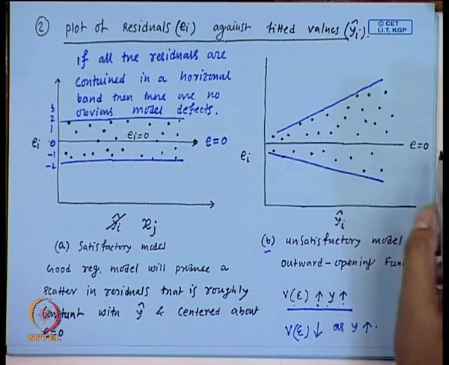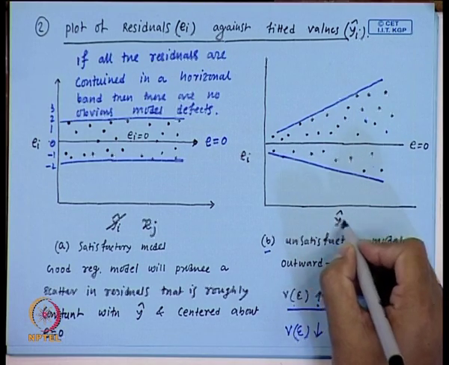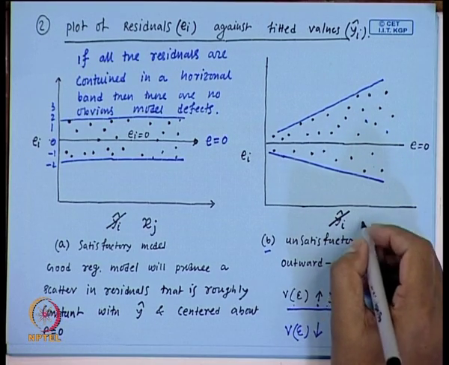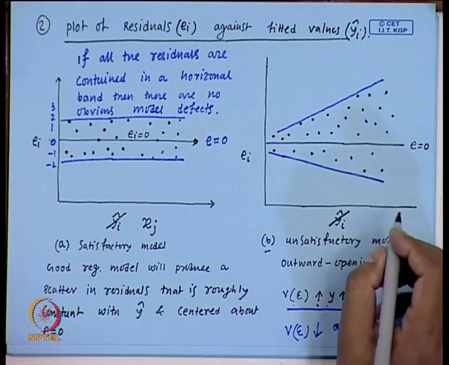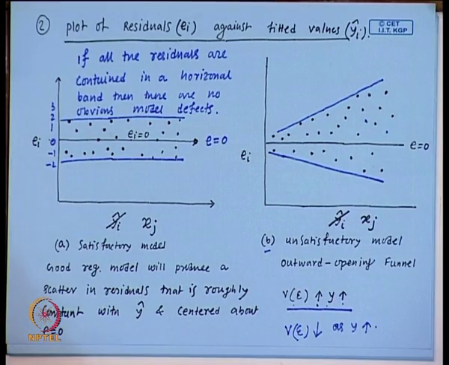Similarly here, instead of yi hat we will be plotting xj on the horizontal axis.